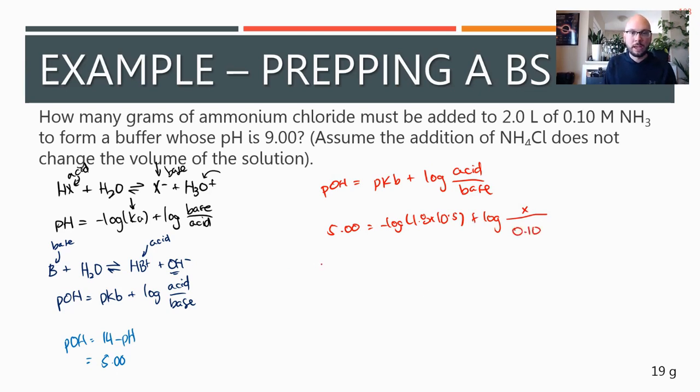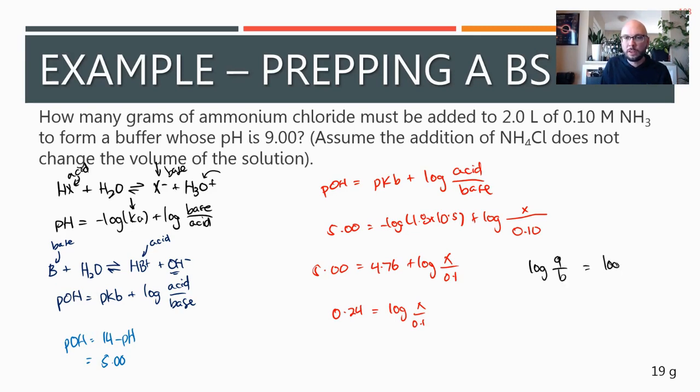So we get 5.00 is equal to 4.76 plus log X over 0.1. When we move that 4.76 over, we get 0.24 is equal to log X over 0.1. Now, according to logs, log A over B is equal to log A subtract log B. So we're going to rearrange this part of it.